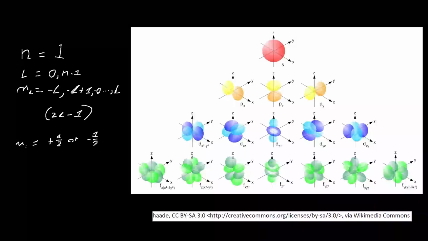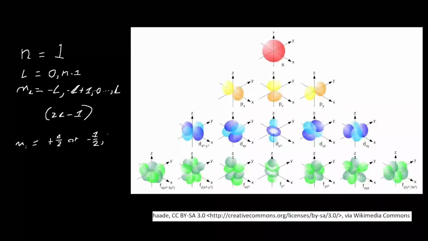Because an electron either has a plus 1/2 spin or a negative 1/2 spin. And so with these 4 sets of numbers, we can talk about a specific electron in a specific orbital and a specific subshell in a specific shell.